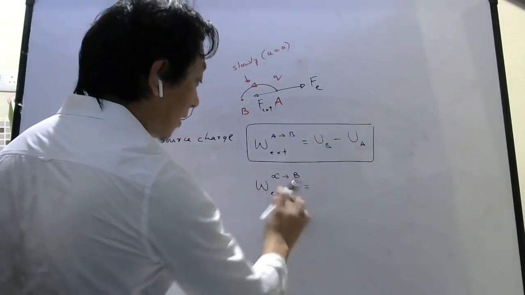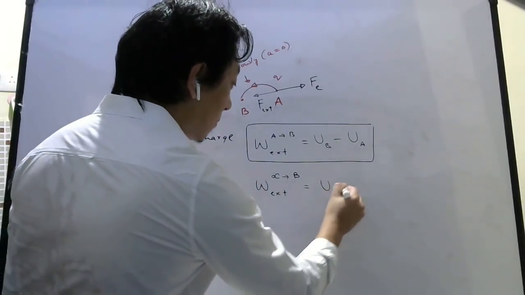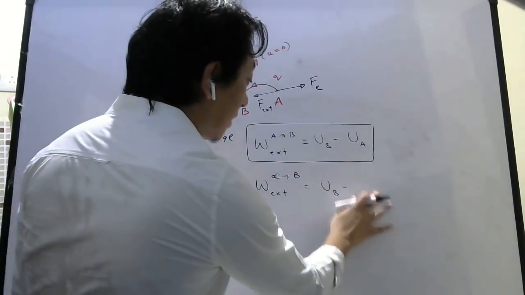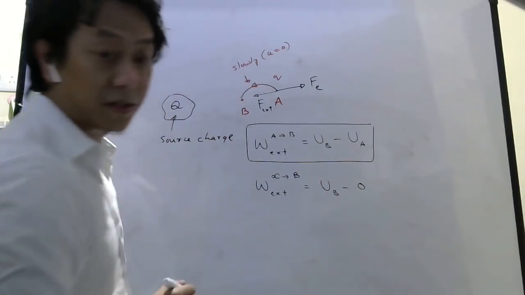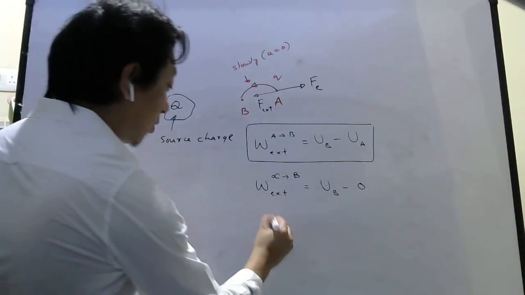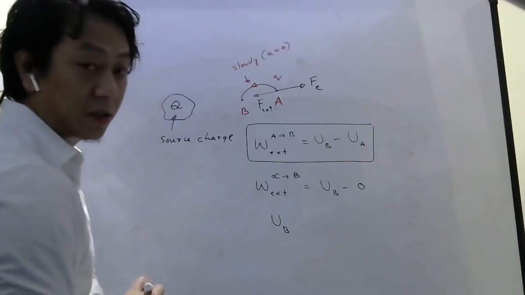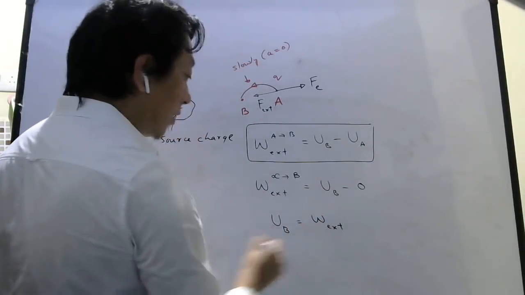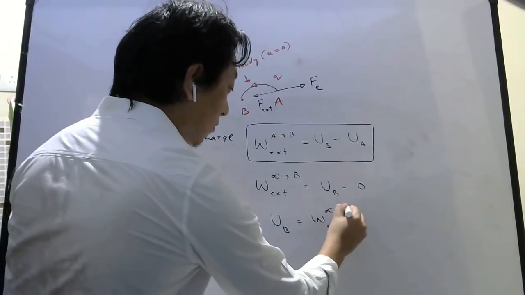Look at the formula and compare. It will be UB minus U infinity. And U infinity I am taking as 0 because that is the reference. Reference means wherever potential energy is 0.